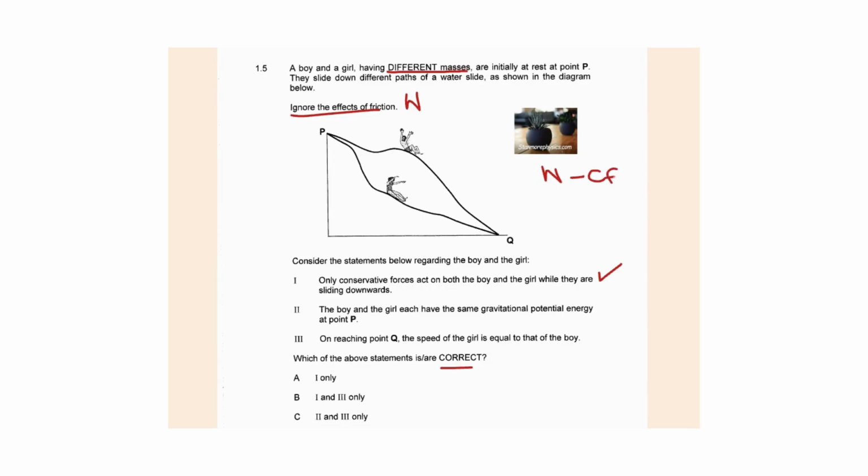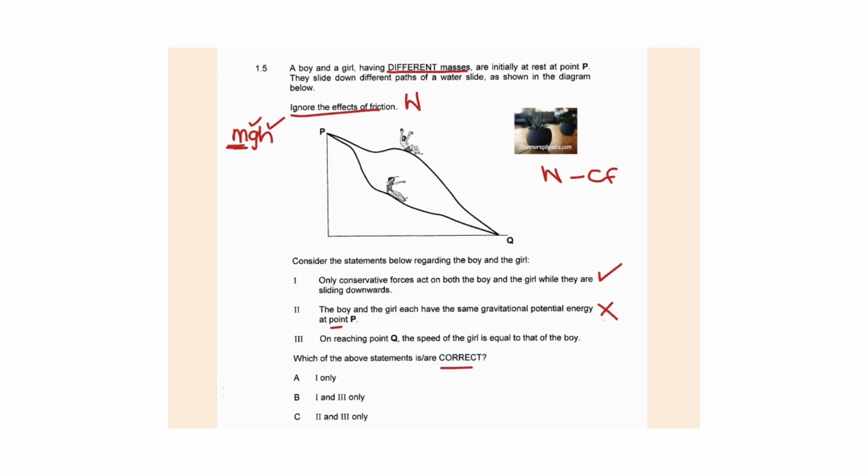The boy and the girl each have the same gravitational potential energy at P. So at P, remember, gravitational potential energy is mgh. Yes, the height is the same, g is the same, but their masses are different, so they cannot experience the same gravitational potential energy.